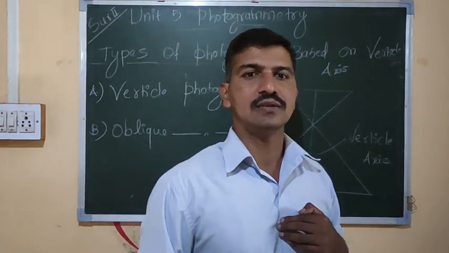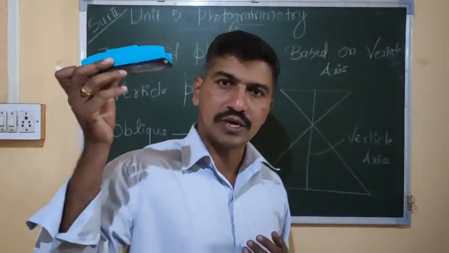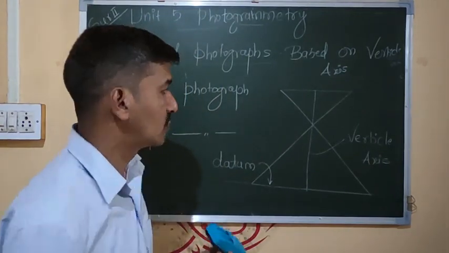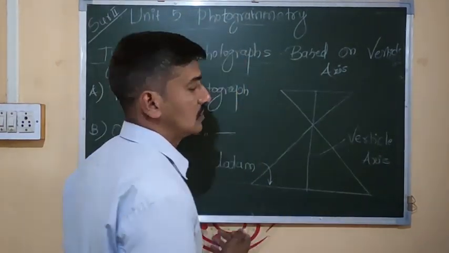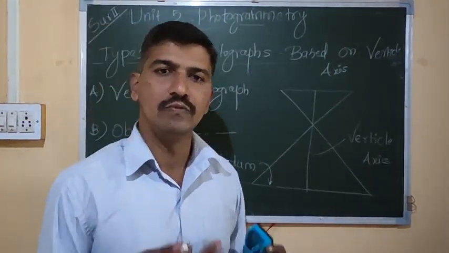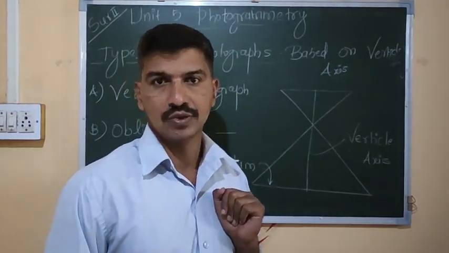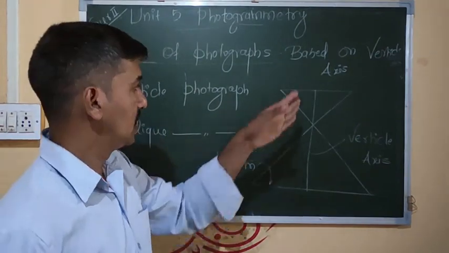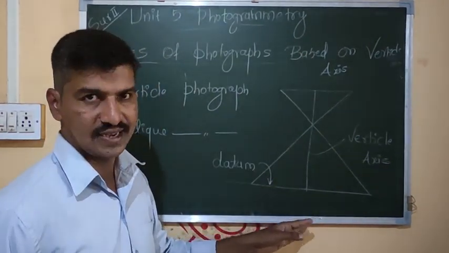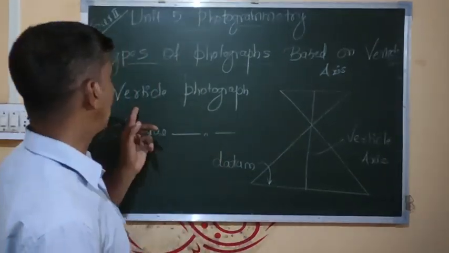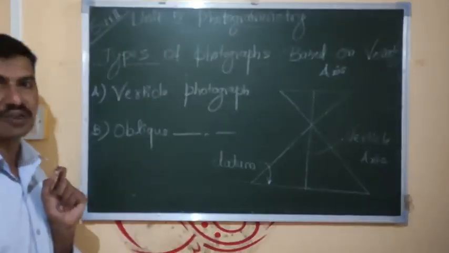Again, as I said, the camera is mounted in an aeroplane. Most of the times the vertical axis very rarely will be kept perpendicular to this datum surface. But if it is kept exactly perpendicular to the datum surface, then it is called your vertical photograph.